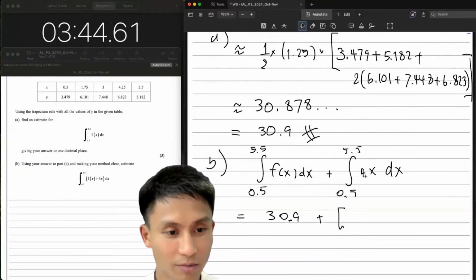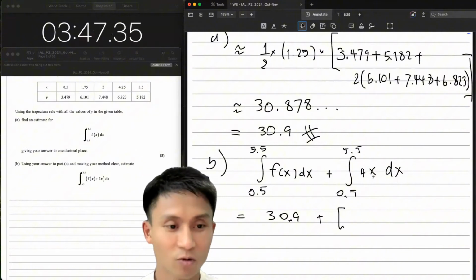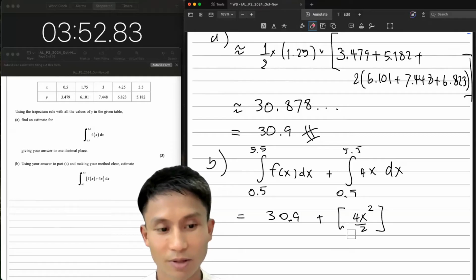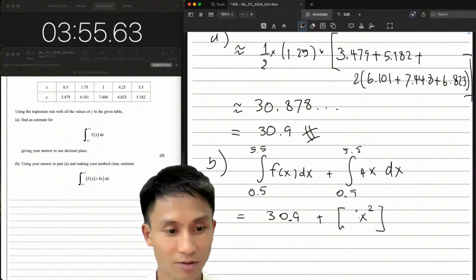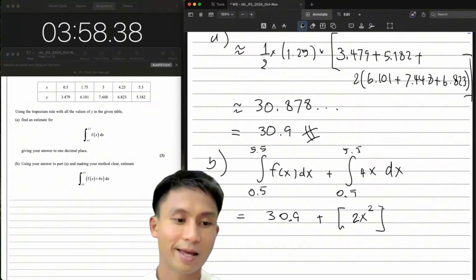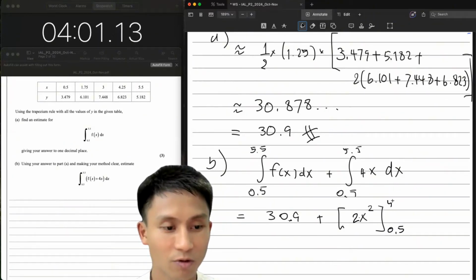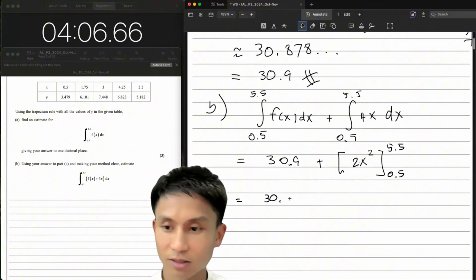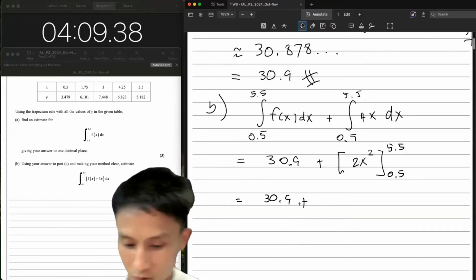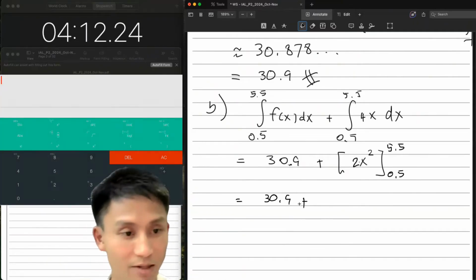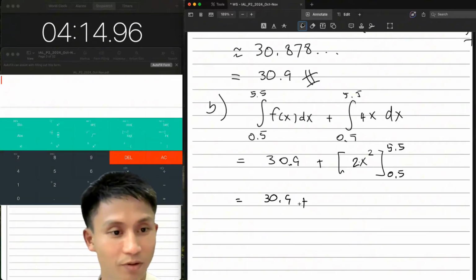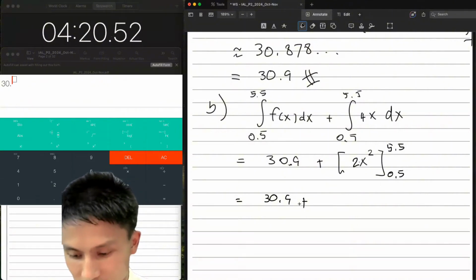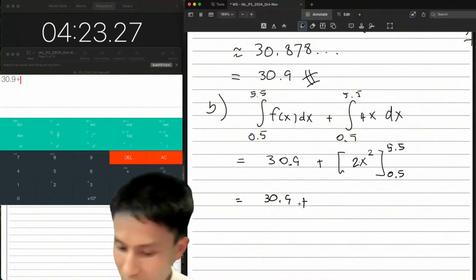So it's just integrating 4x, yeah? So it's 4x squared divided by 2. All right. And I'm just going to delete so I don't have to write the next line. Okay. Just 2 there. And I have the bounds here to be 0.5 to 5.5. All right. So again, I'm just going to use a calculator to calculate everything. So we would have 30.9 here, plus.